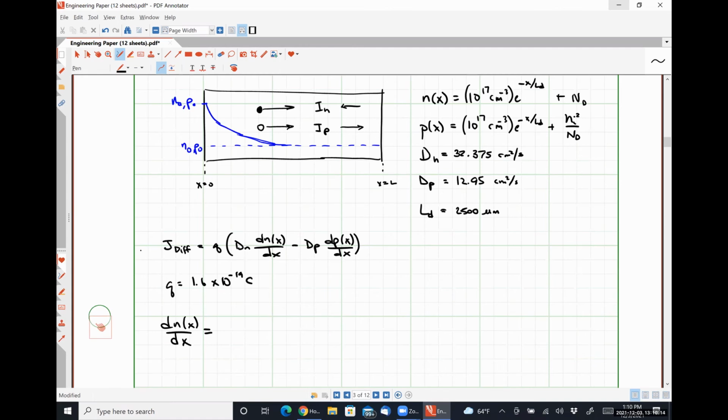Similarly, the derivative of the background hole concentration will also get thrown away. So we really only have to worry about taking the derivative of the exponential bit. All right. So how do we take the derivative of an exponential function? Yeah, bring that negative 1 over LD out into the front.